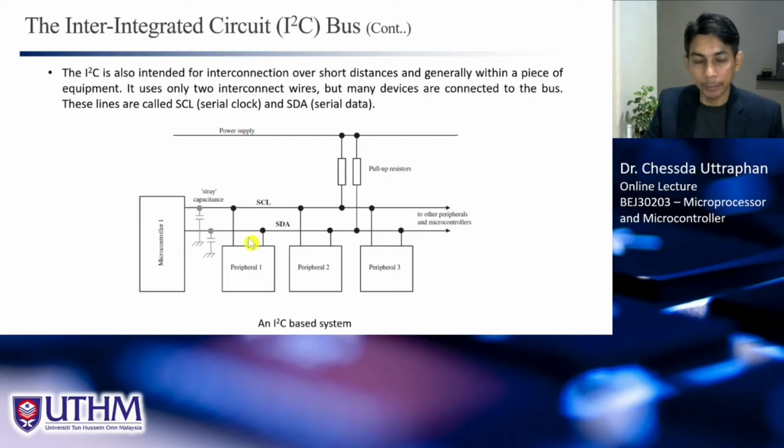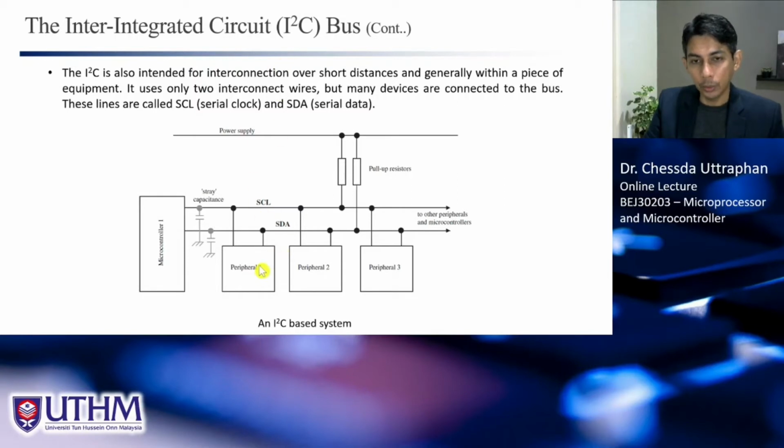But how to do that here? Because in SPI we have another line to activate the peripheral whenever we want to communicate. But how do we activate only one peripheral at one time, or the correct peripheral, for this I2C?